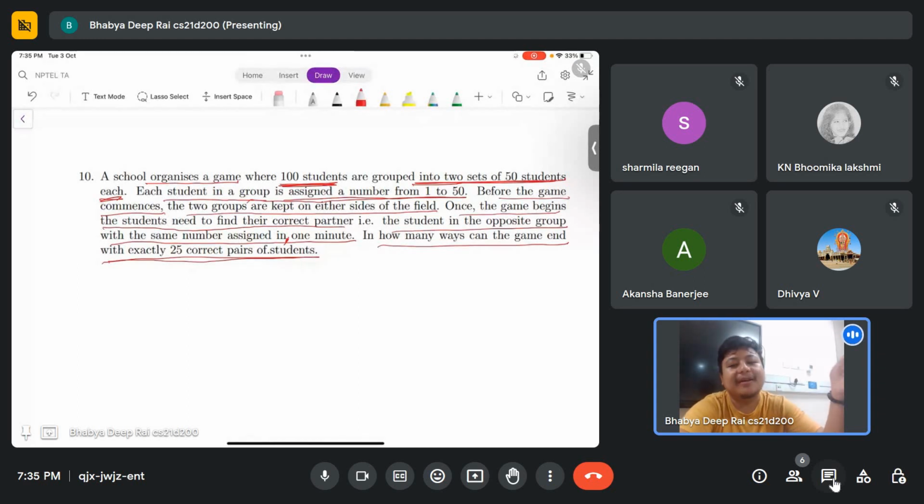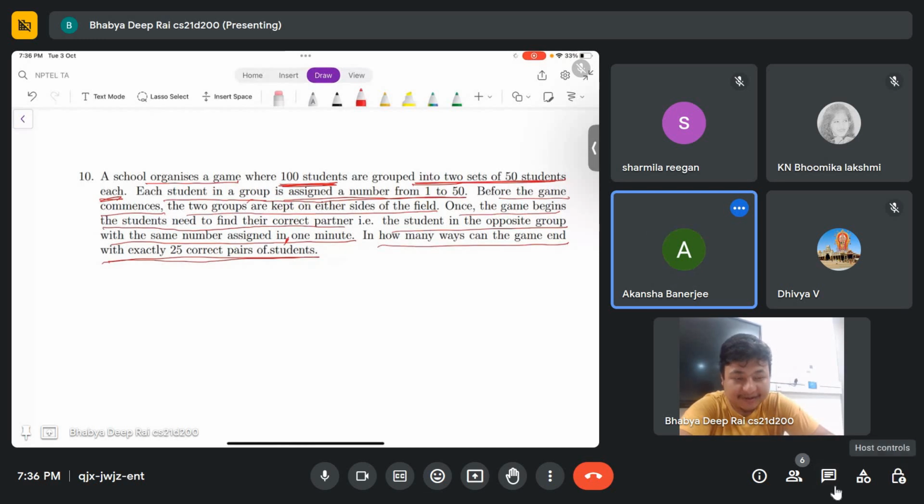In other words, Akanksha, the derangement is it for the correct pair of students or for the incorrect pair of students? Sir, incorrect pair. Exactly.